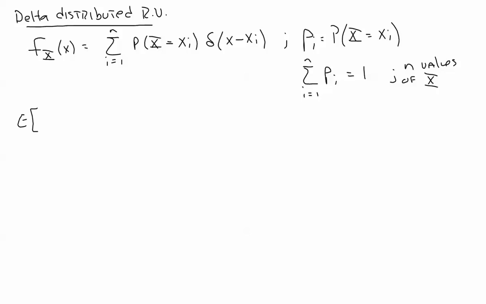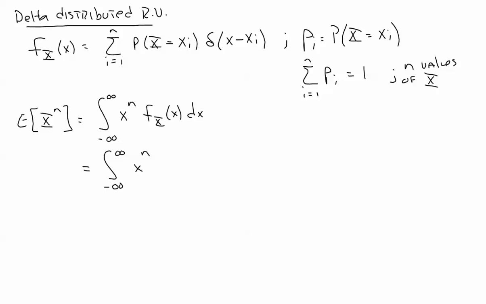Actually, let's do it this way. Let's find the nth moment. Let's find the expectation of random variable x raised to the nth power. We'll do this all at once. This is the integral from minus infinity to plus infinity of x to the n times my probability density function. And this equals integral from minus infinity to plus infinity of x raised to the nth power times my summation probability density function.